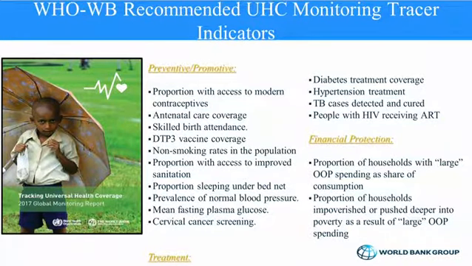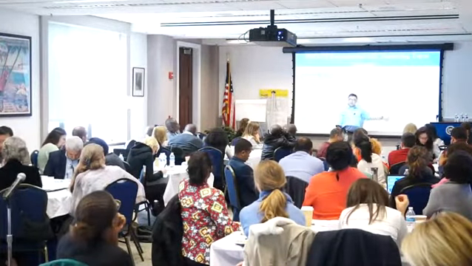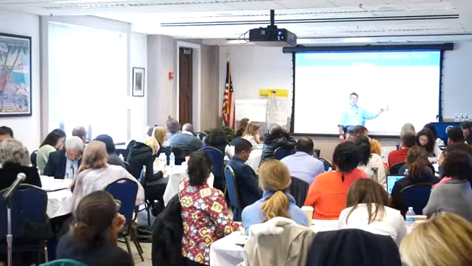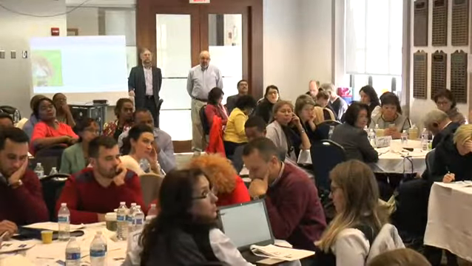A lot of them are preventive, promotive, and curative indicators, but I'm going to just make you focus attention on the financial protection indicators that are included. Again, here you're trying to assess to what extent people are paying at the time and place of seeking care out of pocket.